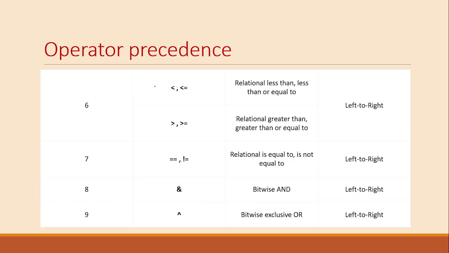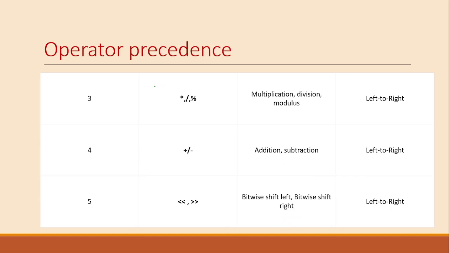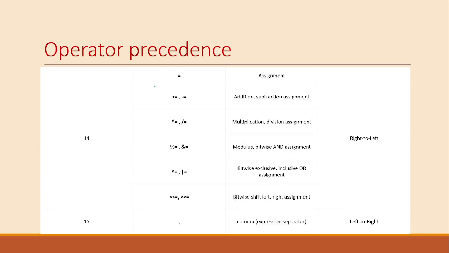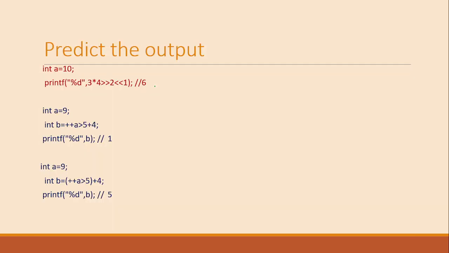Typecasting, then relational operators come next, and bitwise operators come next, then arithmetic operators, then bitwise right shift and left shift, then bitwise exclusive or, then logical operators: logical and, logical or, logical not come next. And these are called assignment operators. Assignment operators have the least priority, and comma has the lowest priority of all.